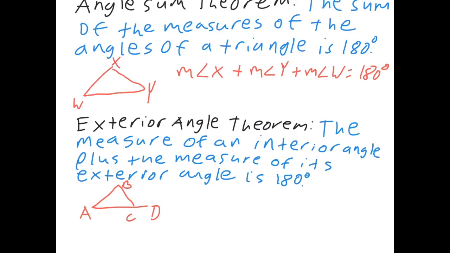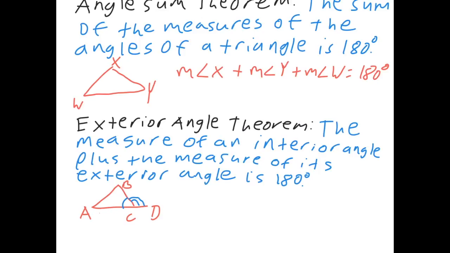So say we have a triangle. So the exterior angle theorem says the measure of an interior angle, so let's say this one right here, plus the measure of an exterior angle, so say this one right here, and I'll mark it with 2 angle marks to show that those two aren't the same.